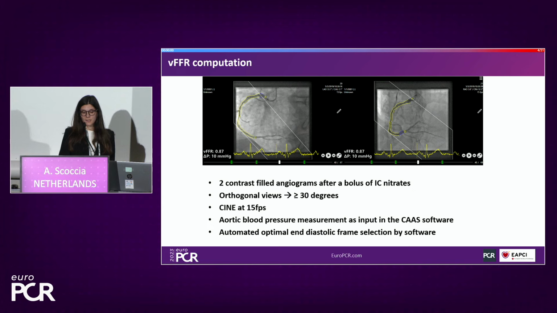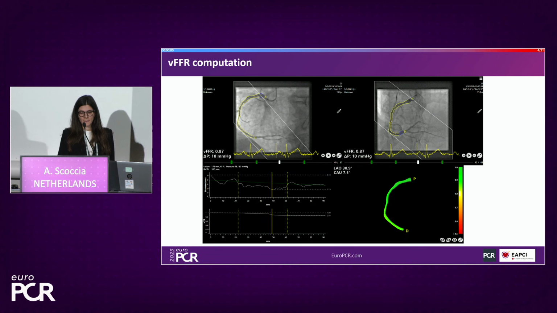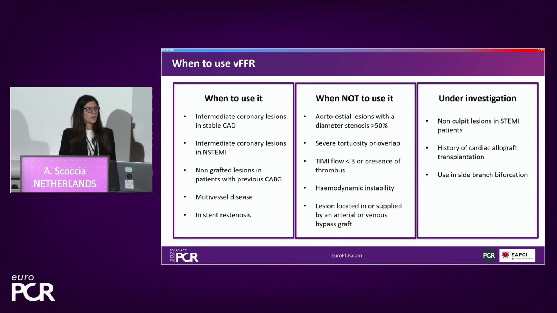The aortic blood pressure is a boundary input condition into the CAAS software, whereas the optimal end-diastolic frame as well as the contour detection is automatically performed by the software. This is the output that you will receive from the software, but we will go into details to see this in a moment.